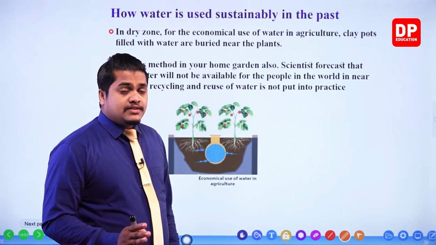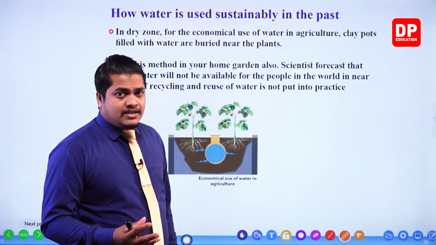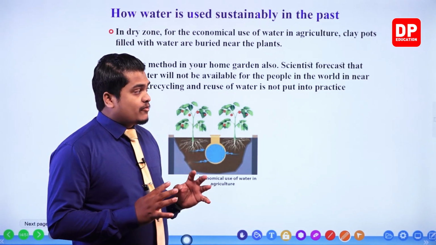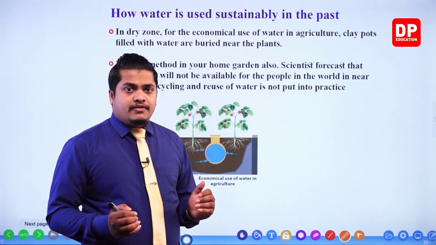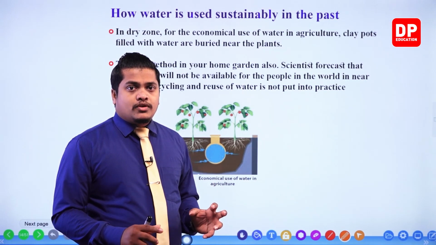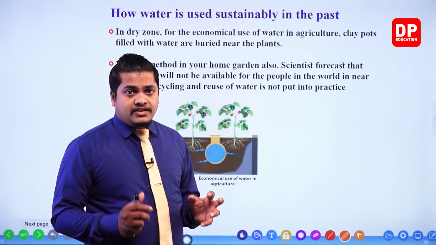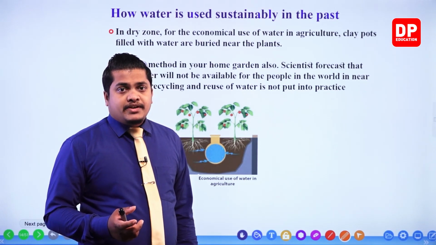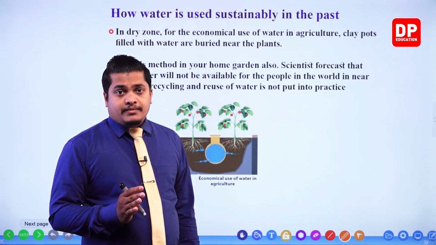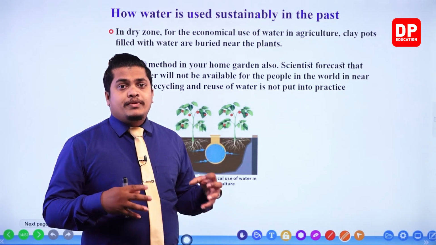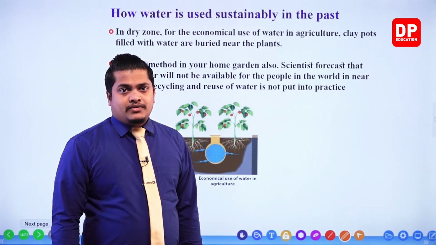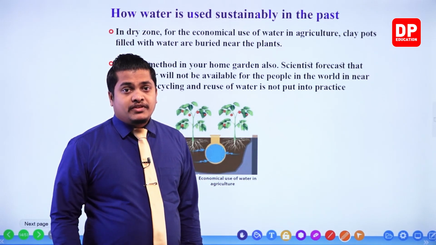And we are not carrying out the recycling and reuse processes well. So scientists have predicted that in the near future, because of the large amount of wastage of water, we won't be able to get pure water, right? In that case, my dear children, it's going to be a terrible issue, because without pure water we won't be able to carry out our day-to-day activities. So it's going to be a huge problem in the near future.